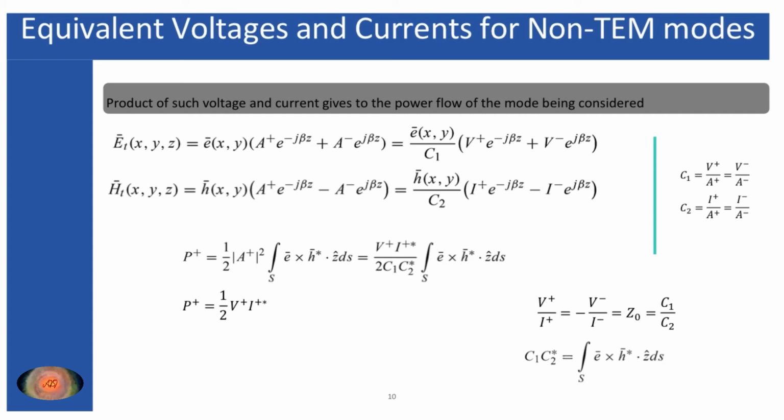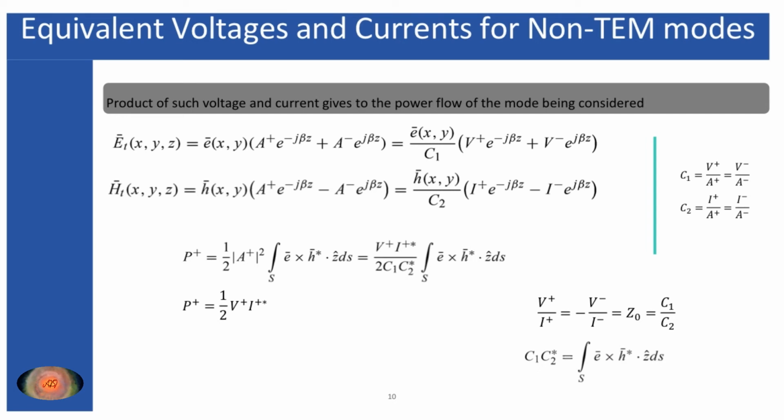So if you replace the electric field and the magnetic field with their equivalent expressions, obviously V plus times the conjugate of I plus will appear over twice C1 times C2 conjugate.